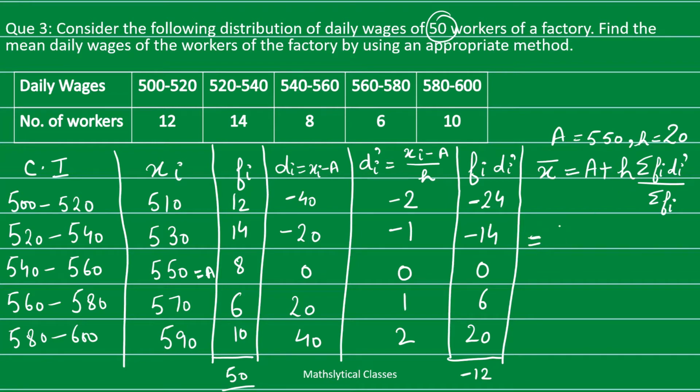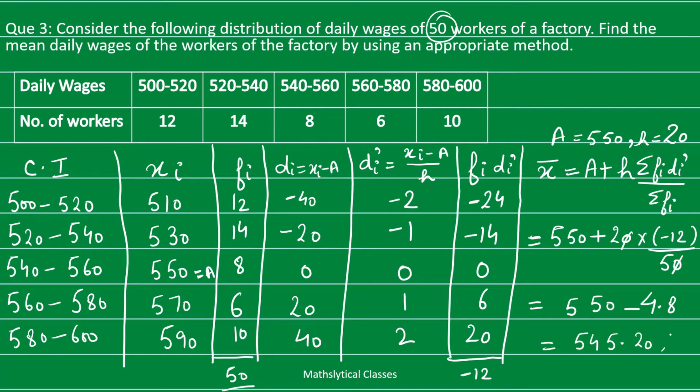So 550 plus, what is h? h is 20, multiplied by -12 divided by 50. So you can see here it is equal to 550, here it will get cancelled, so it will be 24 divided by 5. So it's 4.8. So it's equal to 545.20. This is the answer.